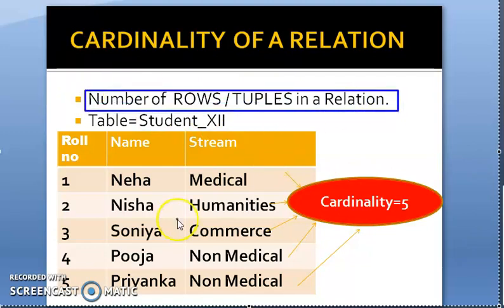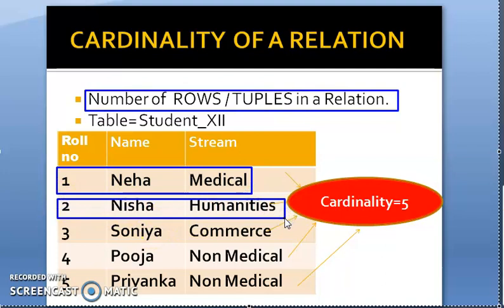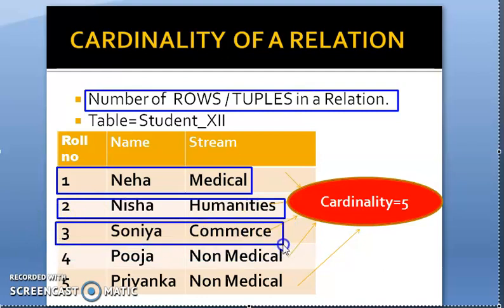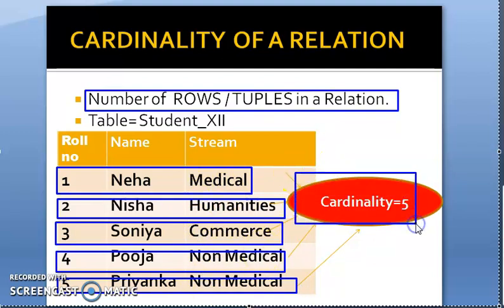I have mentioned that rows mean tuples or records. So how many rows does it have? This table student 12 has 5 rows. So you should count the number of rows: 1, 2, 3, 4 and 5. So here the cardinality is 5.